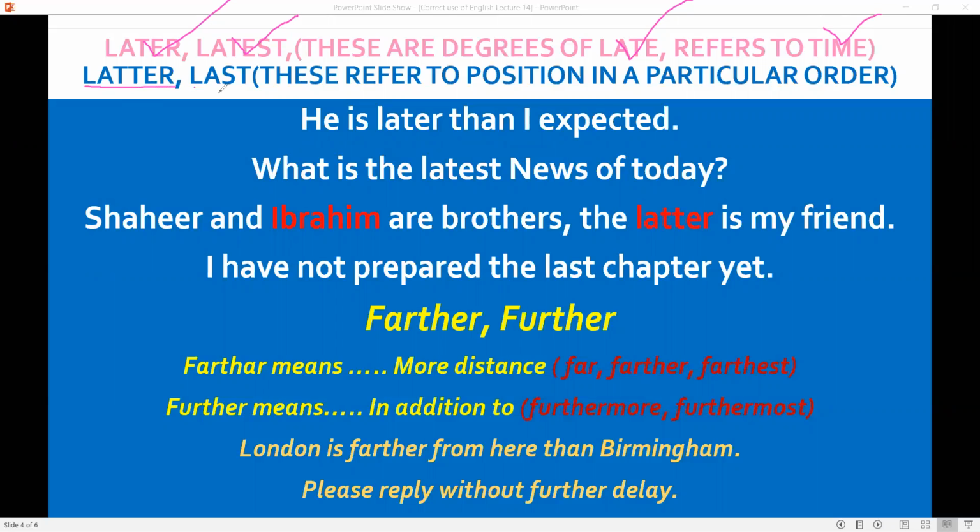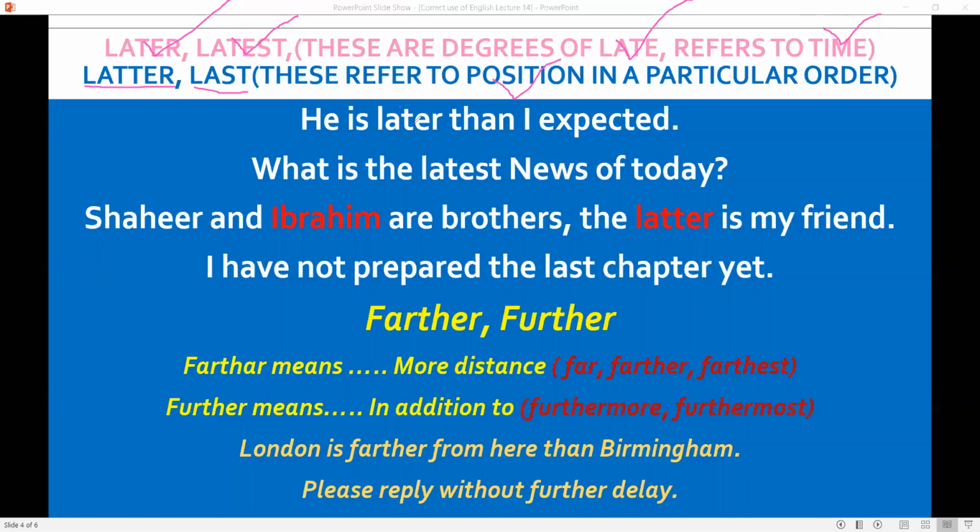Latter and last refer to the position in a particular order. When you are referring to time, I'm late, he's later, and this is the latest news, you use later and latest. When you are referring to someone's position, you use latter and last.